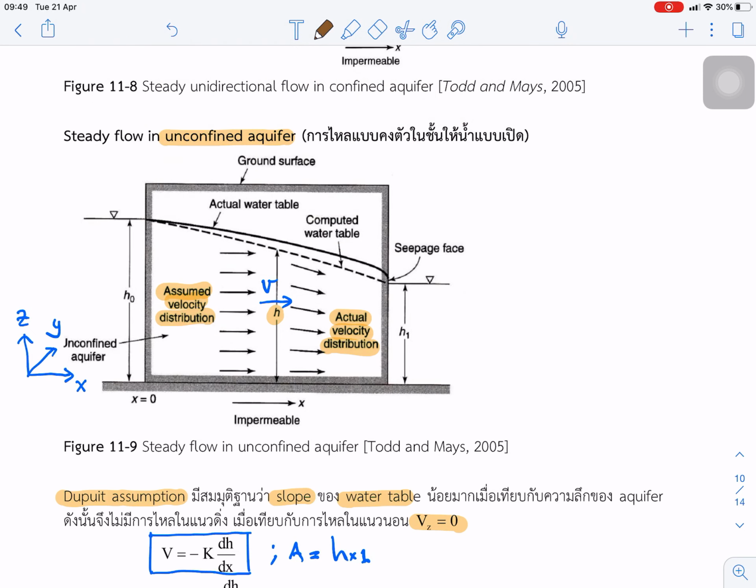we can cut a small element of the unconfined aquifer, to do the same as for the confined aquifer. Because we can cut something like this. This small element is dx, and in the paper direction is dy.